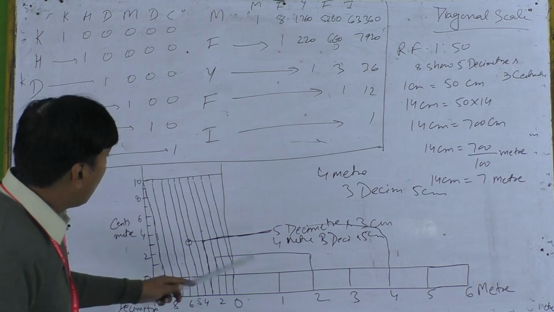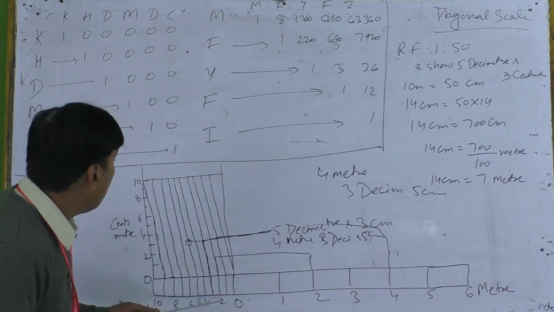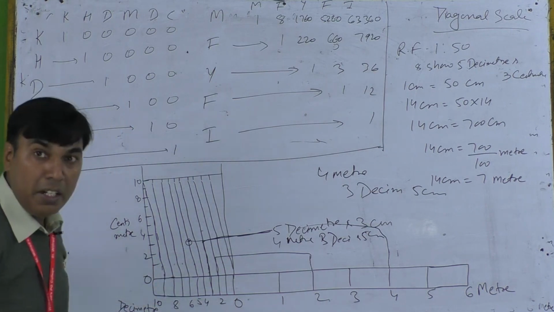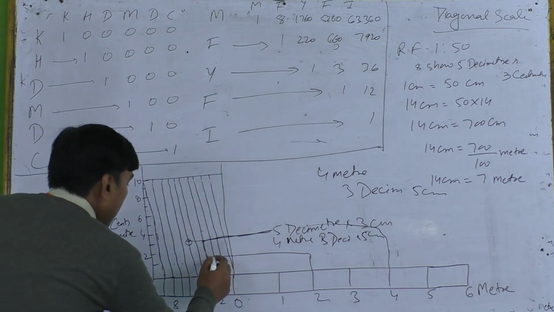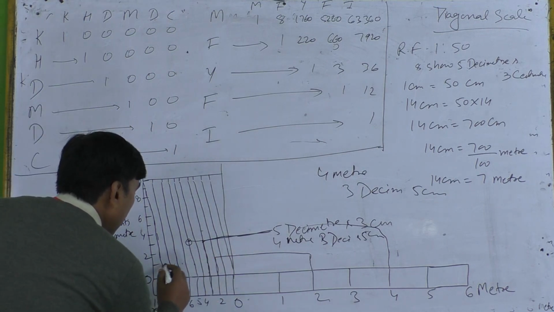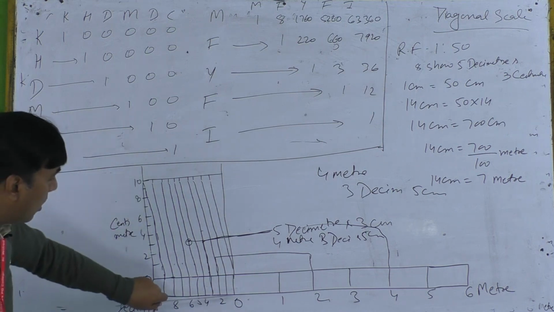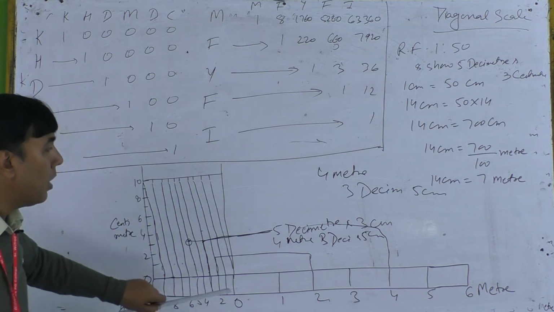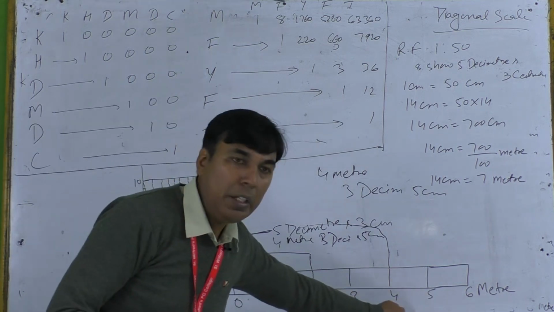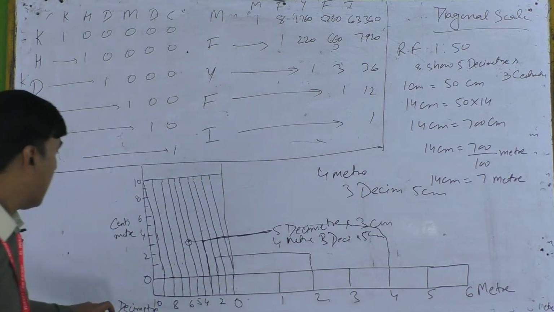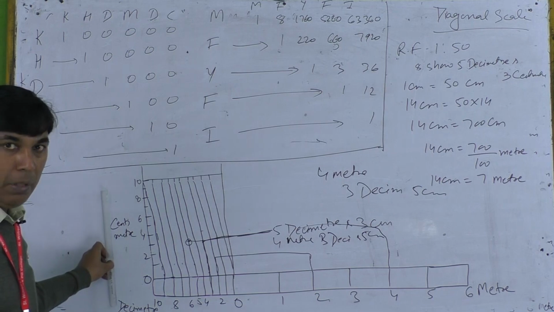Or if somebody says show 2 meter, 3 decimeter and 1 centimeter, so like here. Okay. Because this line is showing 1 centimeter. This line is showing centimeters, this part is showing decimeter and this part is showing meter. So meter, decimeter and centimeter.